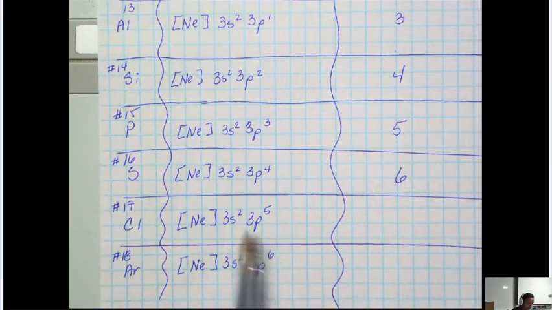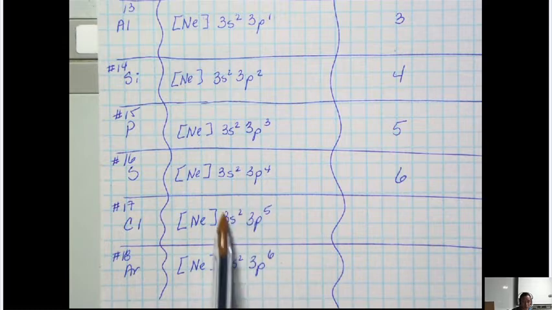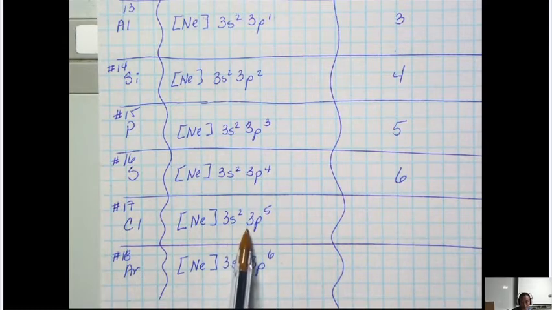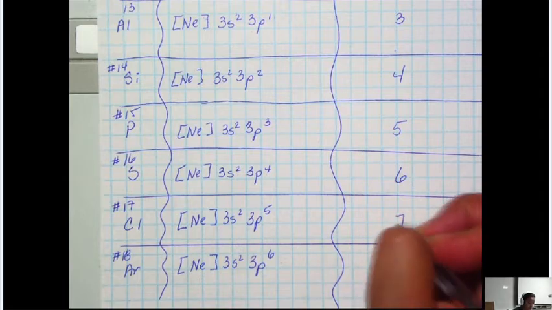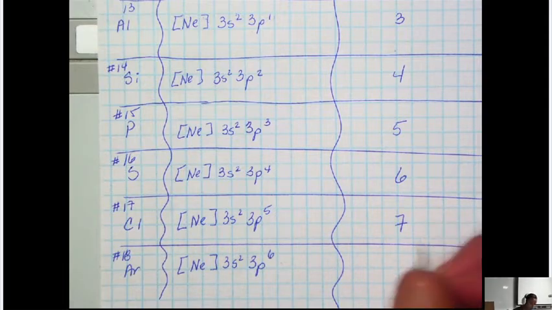Okay, how many valence electrons for chlorine? How many valence electrons for chlorine? 7. How many valence electrons for argon? 8, good.